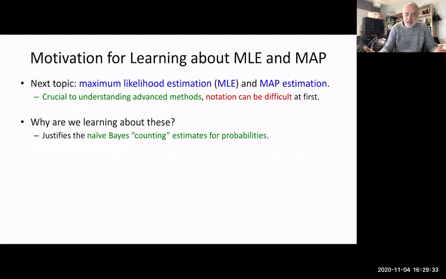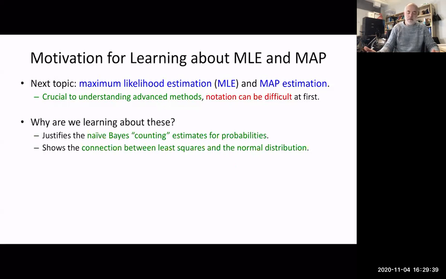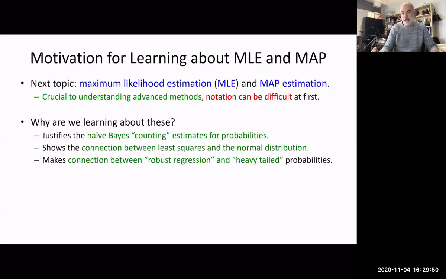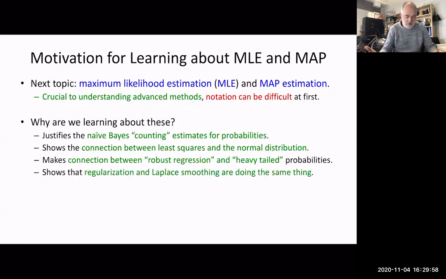When we did counting estimates for probabilities in naive Bayes, we were actually doing maximum likelihood, right? When we decided to minimize a squared loss, we were making an explicit distributional assumption about the errors in a regression model. When we moved away and did robust regression, we were changing the distributional assumption we made about the errors.